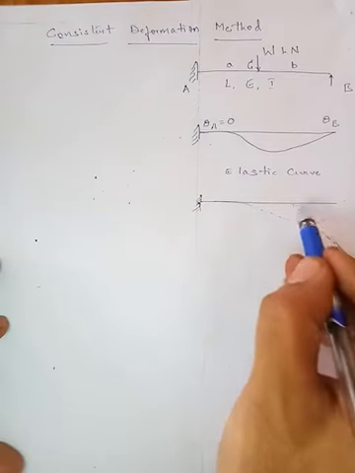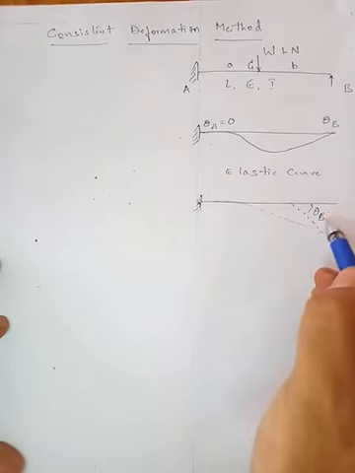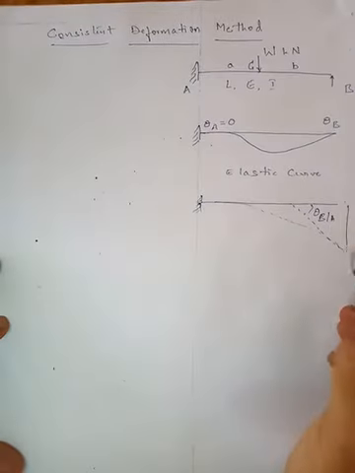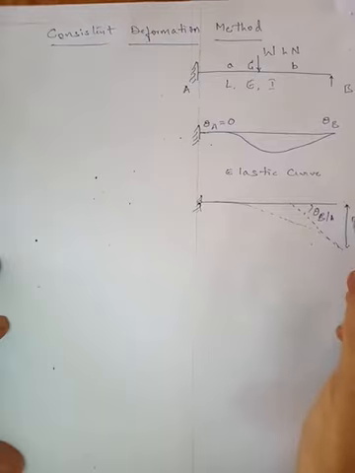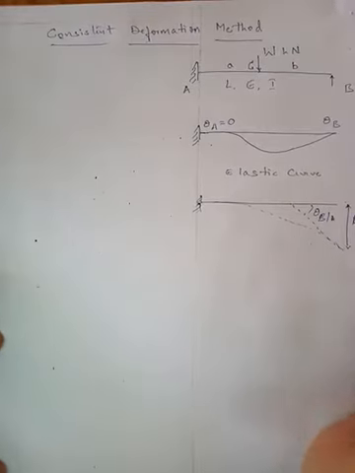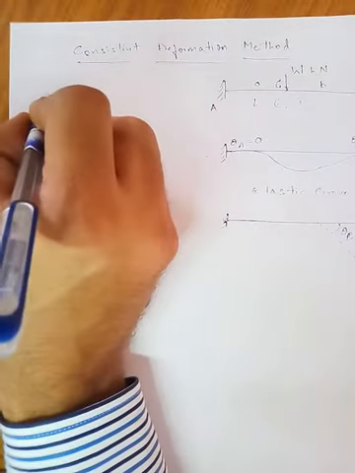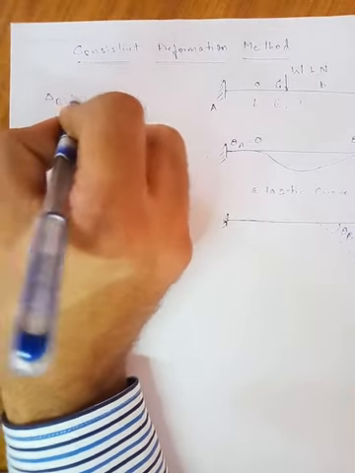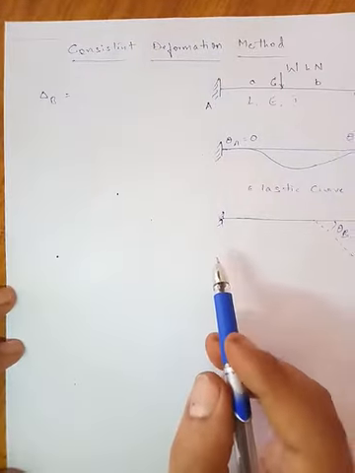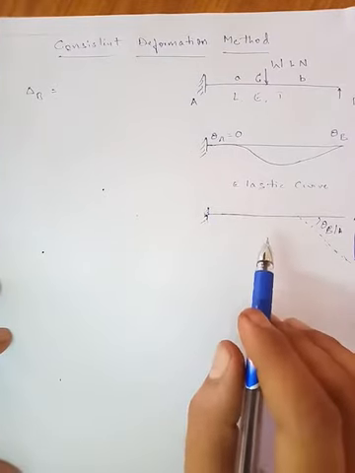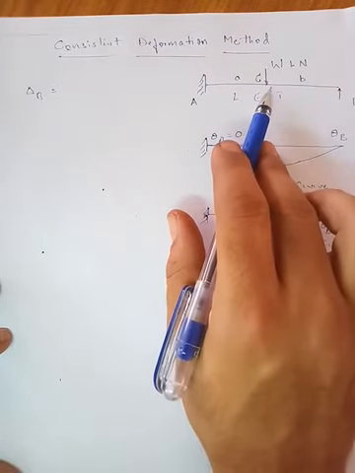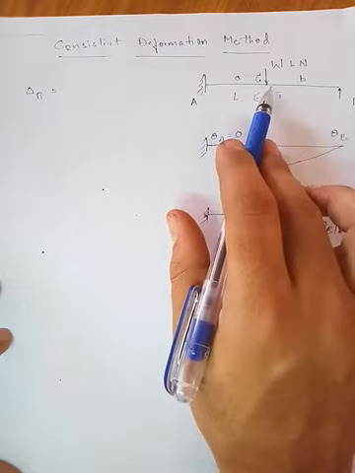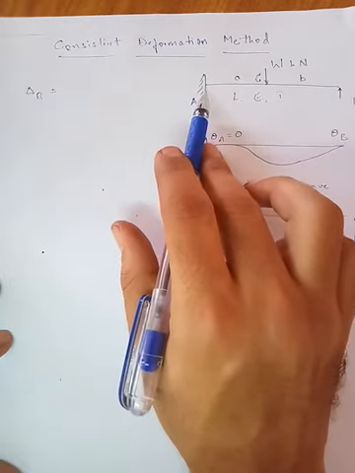This would be theta BA and this would be delta B. What would be the value of delta B? We know the value of delta B if it was a cantilever beam subjected to point load W at a distance a from the fixed end.